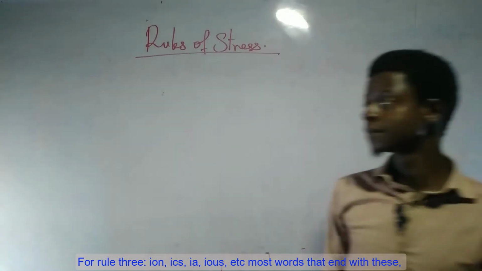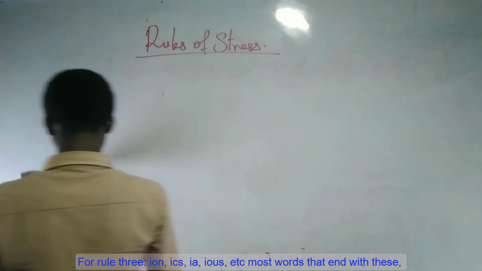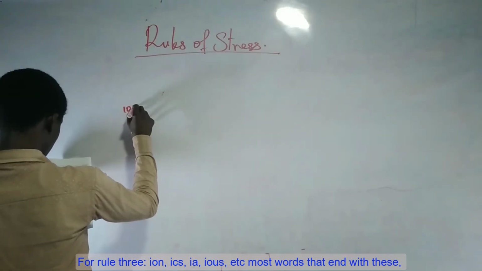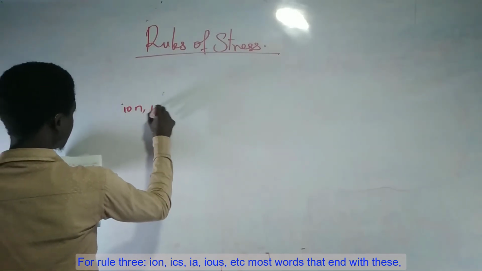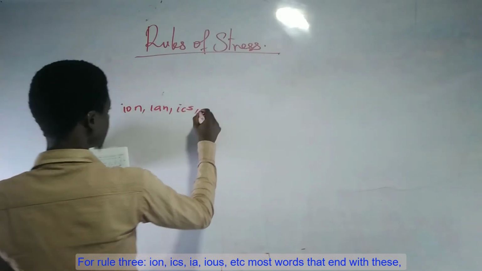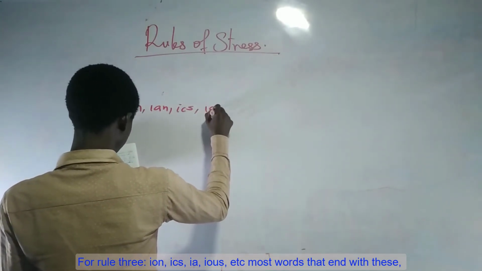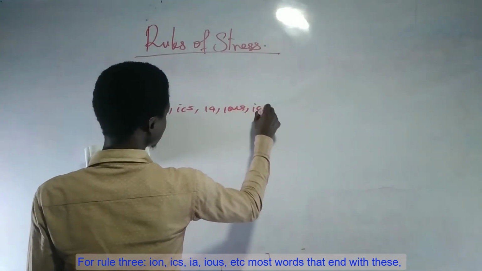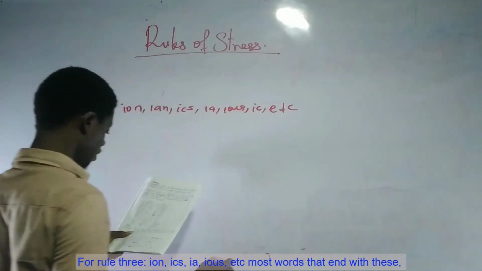For rule 3, I-O-N, I-A-N, I-C-S, I-A, I-O-U-S, I-C, E-T-C.